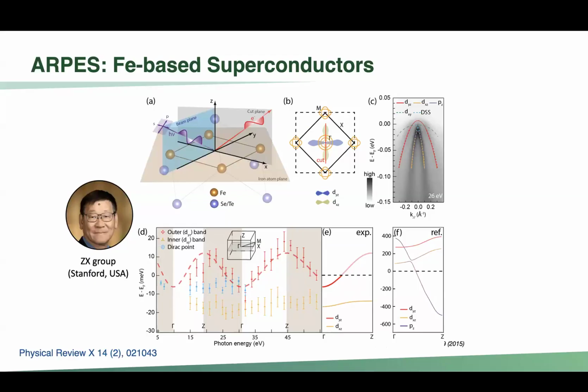So trying to understand a bit better how this iron, tellurium, selenium works and whether it's topological or not, because this is a theoretical proposition, we did a collaboration with a group at Stanford who did ARPES on iron selenium doped with tellurium.